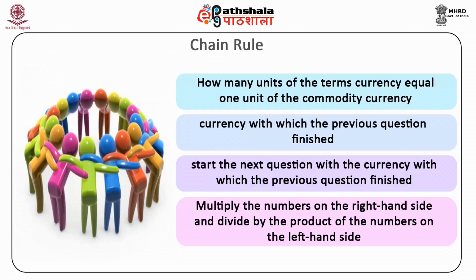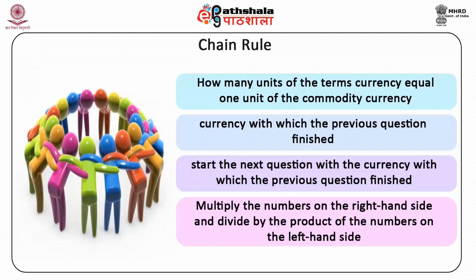For understanding more about the chain rule, we can consider the following information. 1 Australian dollar is equal to 0.5420 US dollar, and 1 US dollar is equal to 1.2320 Swiss francs. What is the cross rate for Australian dollars in terms of Swiss francs? Using the chain rule, Swiss francs? is equal to 1 Australian dollar, where 1 Australian dollar is equal to 0.5420 US dollar, and 1 US dollar is equal to 1.2320 Swiss francs.